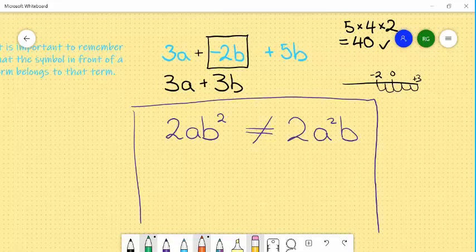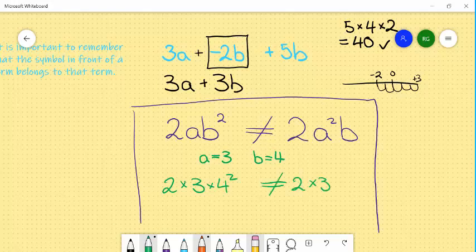So should a equal 3 and b equal 4, if I was to substitute in those, I would have 2 times 3 times 4 squared not being equal to 2 times 3 squared times 4. And on this side, I'm going to get 6 times 16, which will be 96, should not equal 2 times 9, which is 18, times 4, 72.